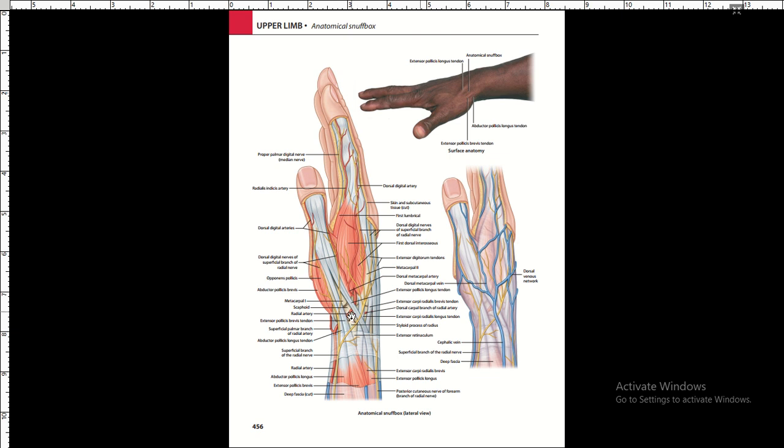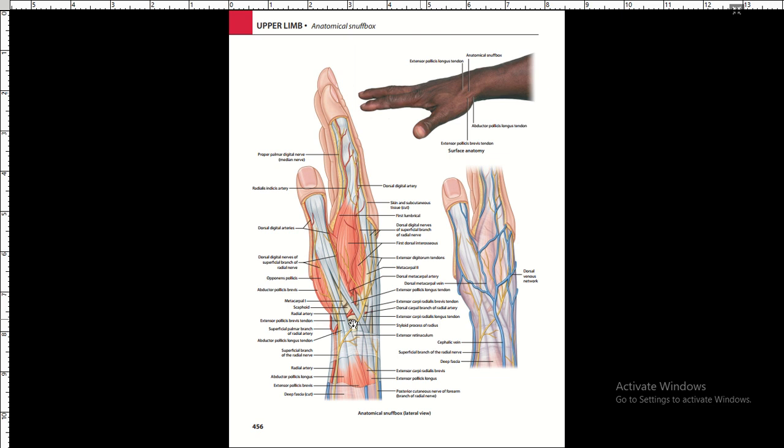Right. What is the clinical importance of the anatomical snuff box? The anatomical snuff box is an important clinical region. When the hand is in ulnar deviation, like I said, the scaphoid becomes palpable in the anatomical snuff box. So you can actually palpate the scaphoid bone.